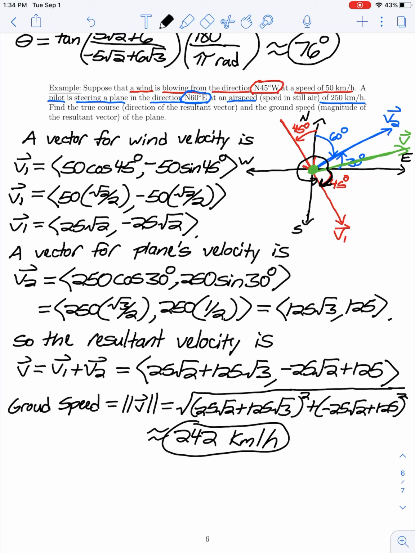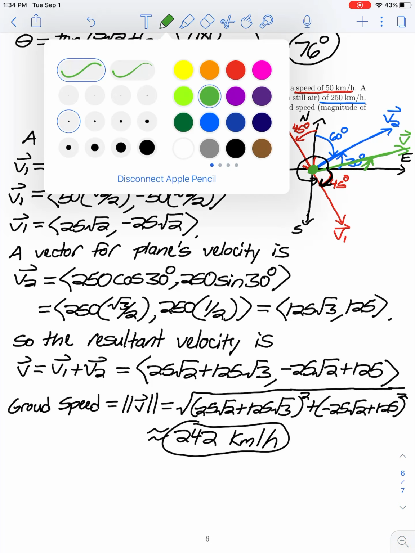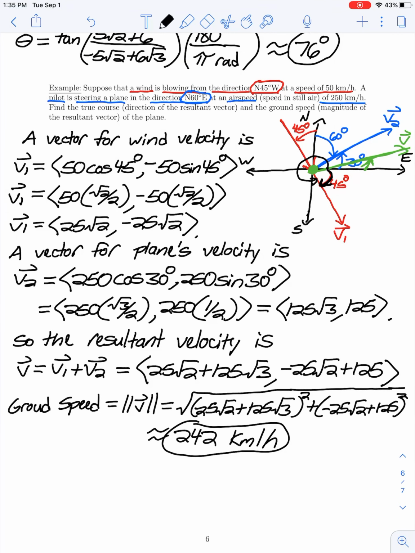And we need to determine what the true course is. So we're curious, well, from the positive x-axis, what is this angle measure that we rotate by to get to the resultant vector V? And again, we can find that by using our conversion formulas for polar coordinates.